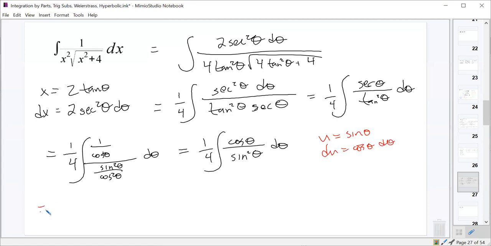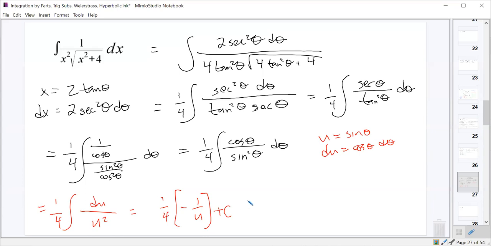And so this ends up becoming 1/4 of the integral of, let's see, cosine theta d theta is du, right? Du over u squared, which is just a power rule. That's just u to the -2. So that should give us 1/4. What's the integral of u to the -2? -1 over u, and then plus our constant.